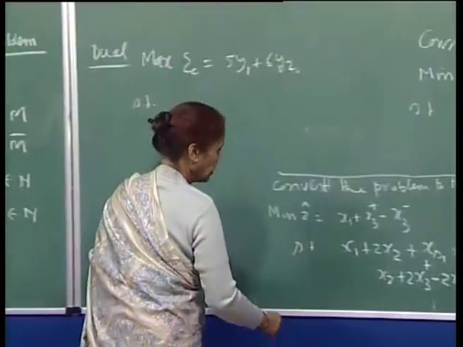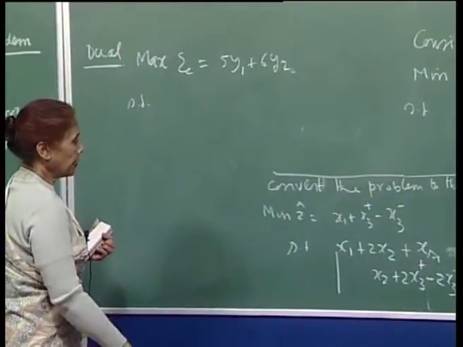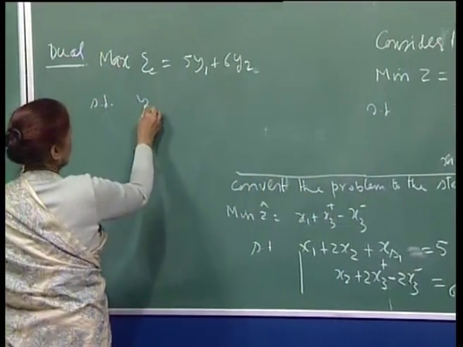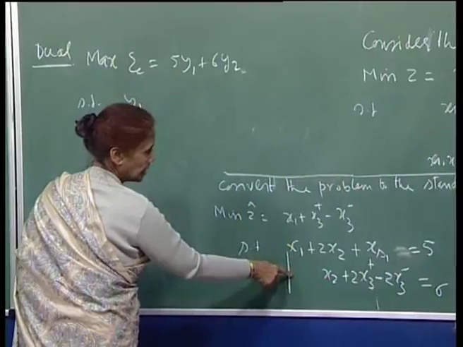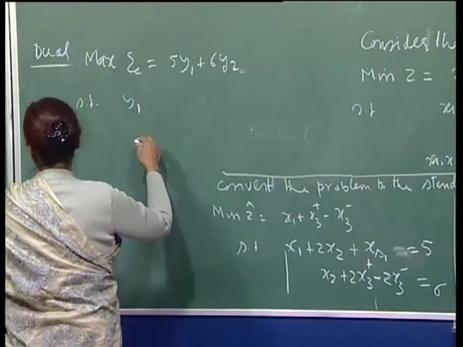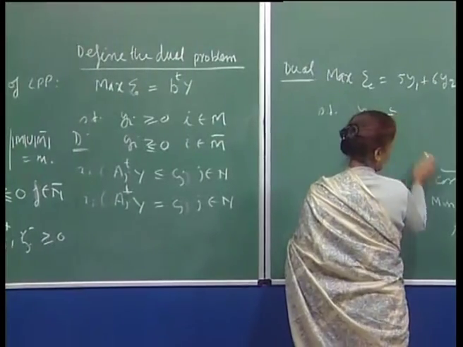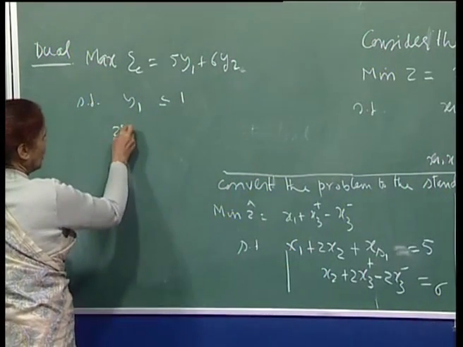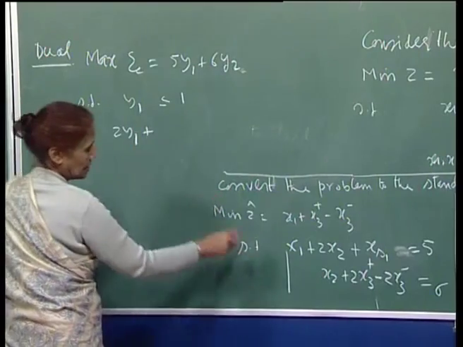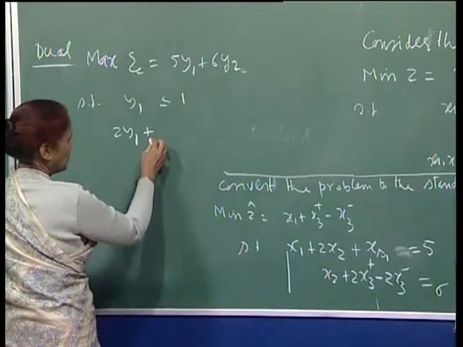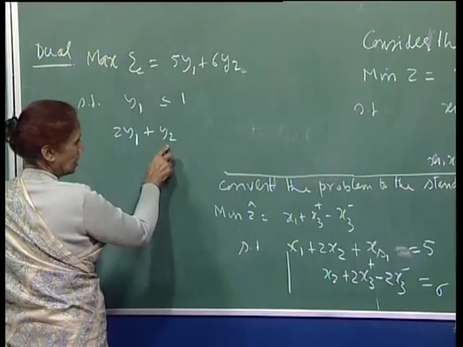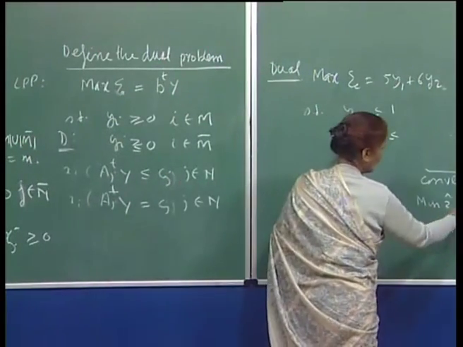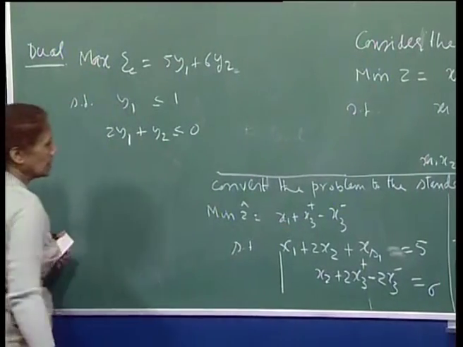So, for the first column, this will be y1, this only entry here, and y1 would be less than or equal to 1. Then the second column, 2y1 plus y2, will be less than or equal to the corresponding coefficient 0, since y2 is not appearing here, right.